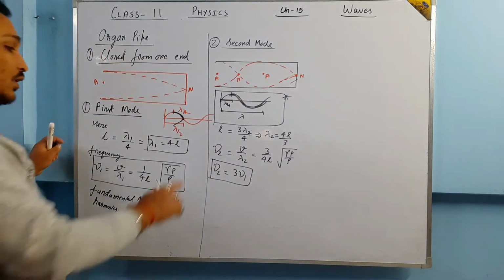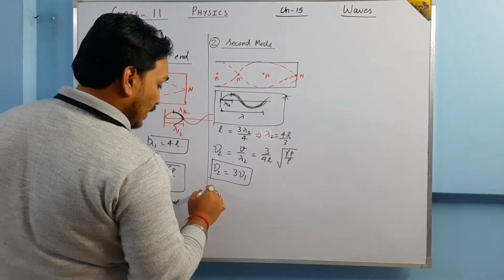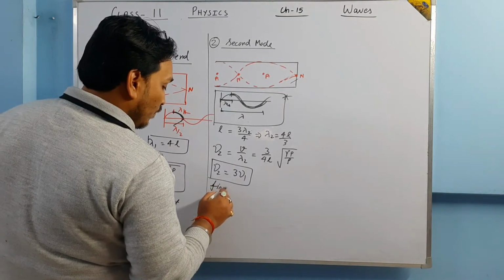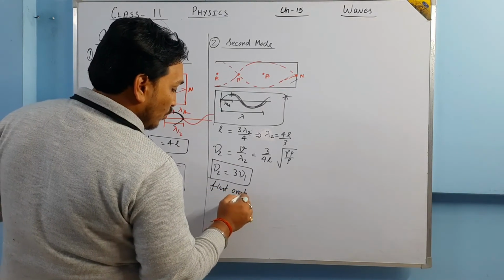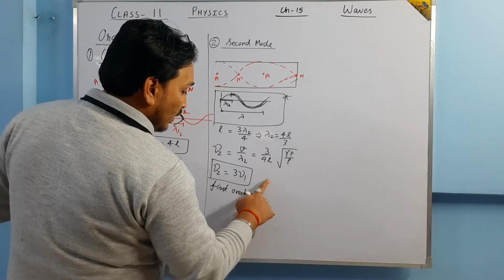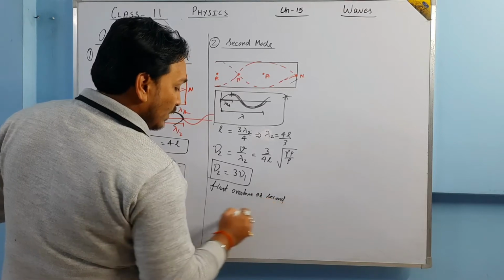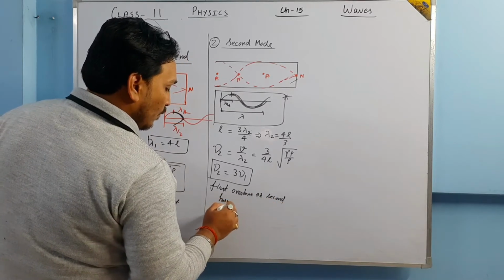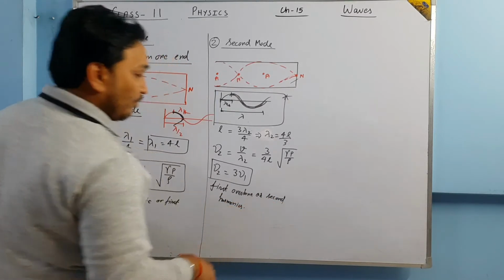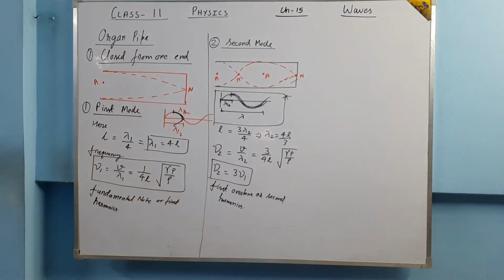So this frequency, this nu2 is called first overtone or second harmonics.